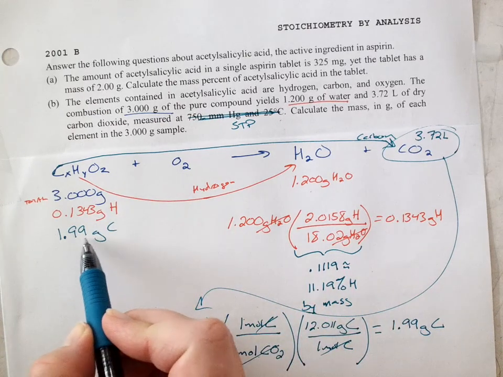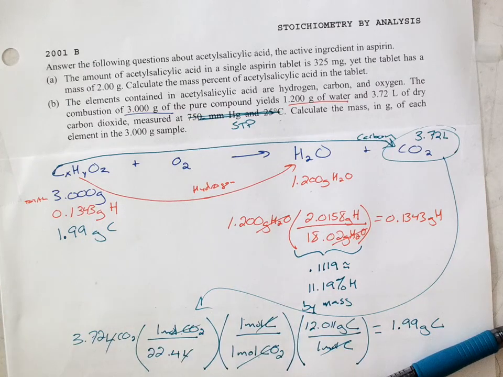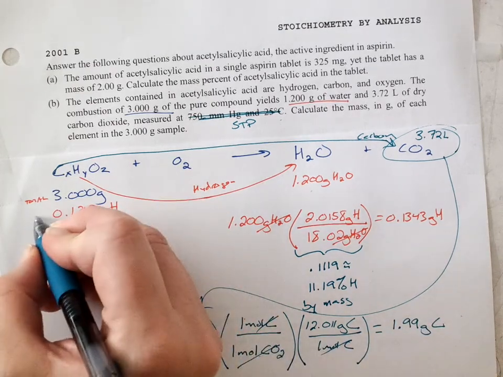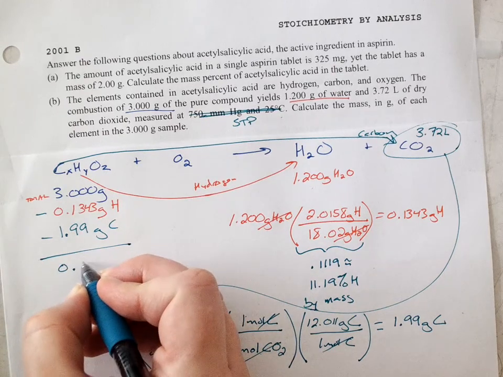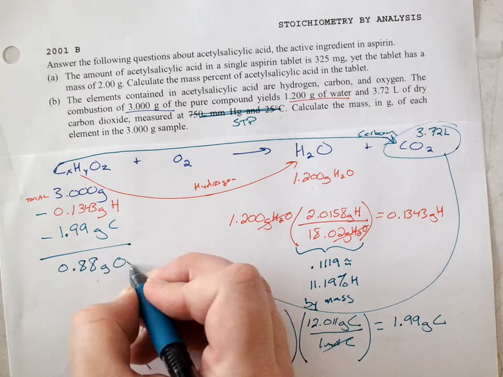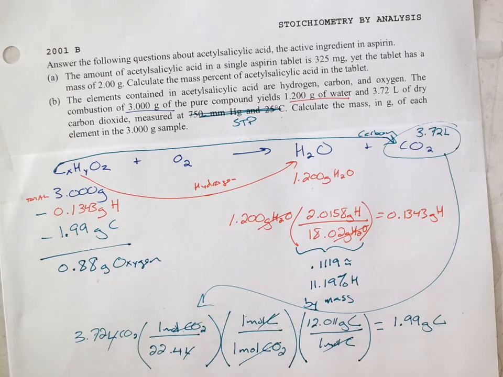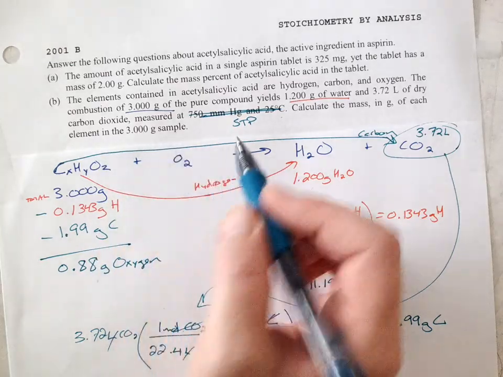This guy only goes 2 places past the decimal, so my grams of oxygen will only be able to go 2 places past the decimal. So 0.8, it's going to round up to 0.88 grams of oxygen were originally in this compound. Okay. Now that gets me the answer, the mass in grams of each element in the 3-gram sample.